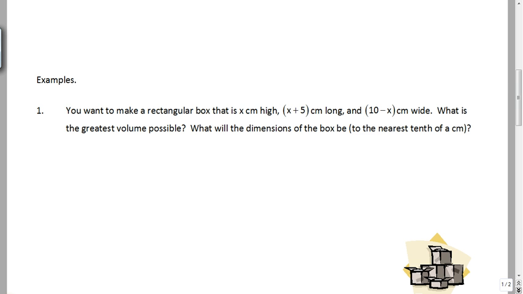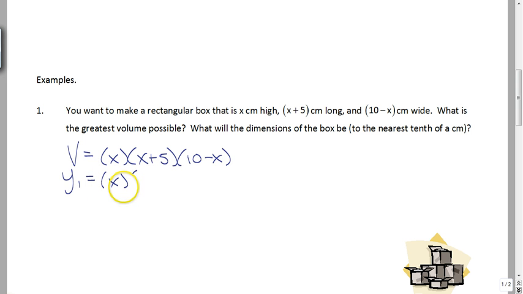This seems like a complicated task, but with a graphing calculator, this is a very easy thing to do. So it's telling you that the volume is x times (x plus 5) times (10 minus x). And you can just type that straight into y1. You do not even have to multiply it out.